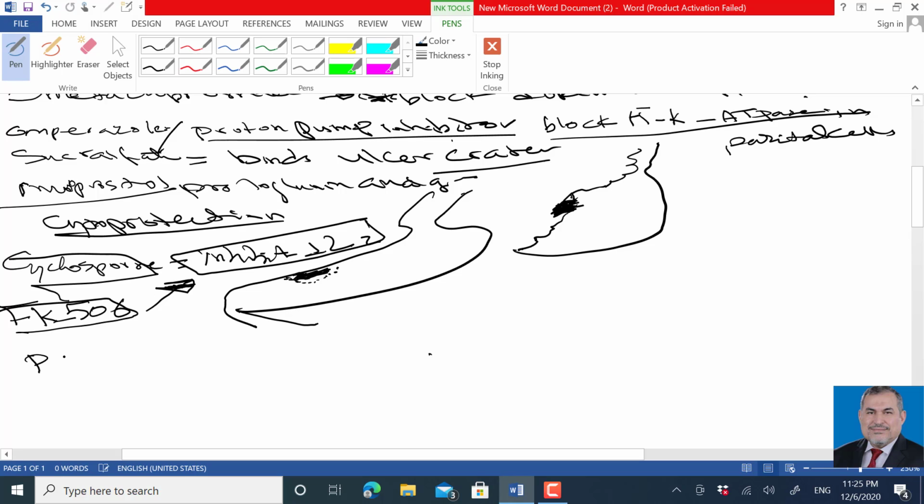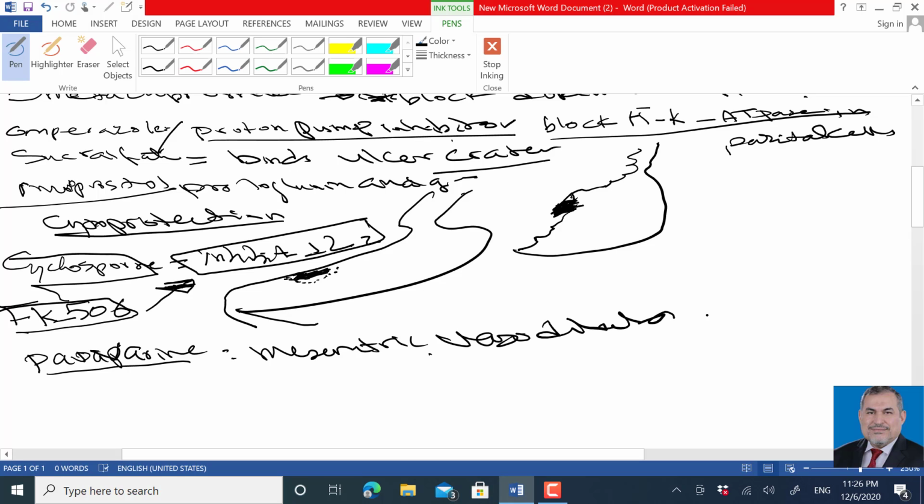What is the mechanism of action of papaverine? It is a vasodilator, mainly a mesenteric vasodilator. Okay. Papaverine is a mesenteric vasodilator.